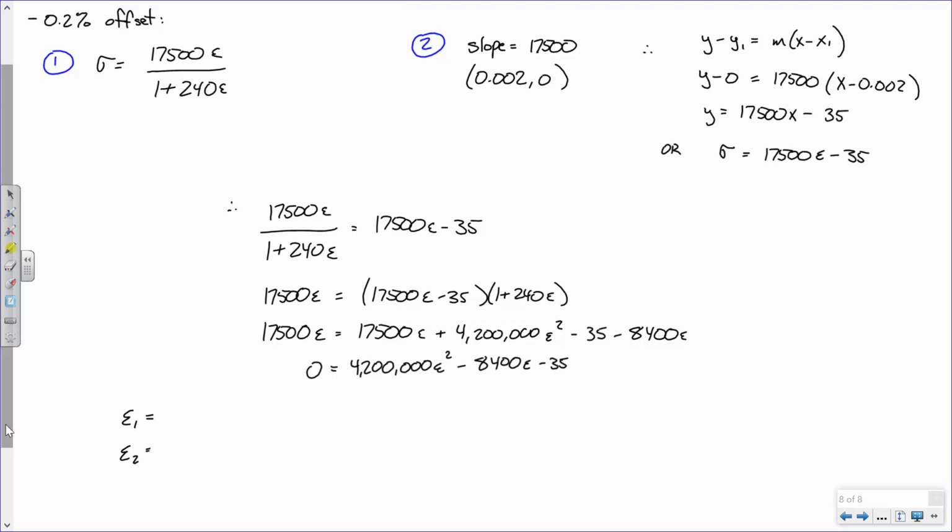I'll give you the first one. One of them is negative 0.00417. You give me the other. I got a positive 0.00406. Did you get that?